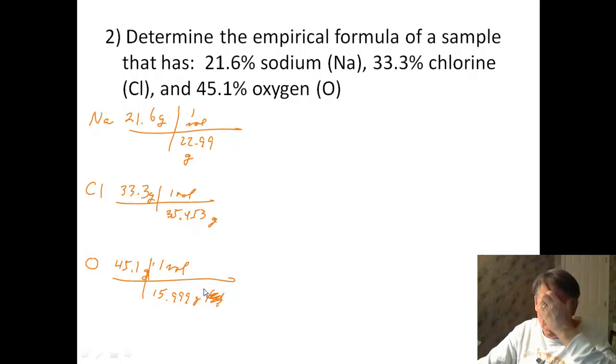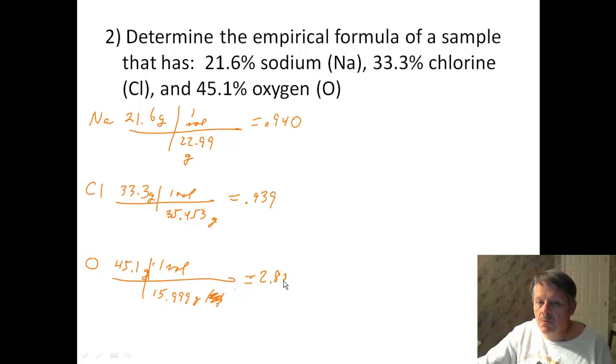Okay? So, if I multiply them out, I get 0.940. I get 0.939. That's clearly a 1-to-1 relationship. And I get 2.82. Right.